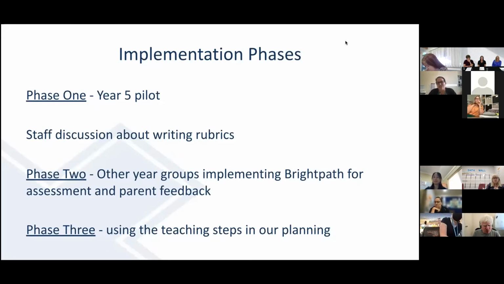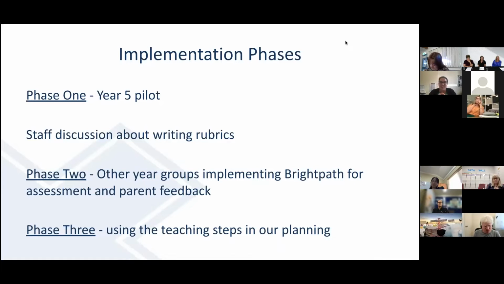One of the issues with writing rubrics is that things like spelling and grammar were often worth just as much as the purpose of writing and things like that, which are obviously much more of our big ticket items with writing. So at the moment, we've removed the rubrics and made it more into a checklist for our students. And we're using the teaching or the next steps in Brightpath instead, because we find it's much more effective.